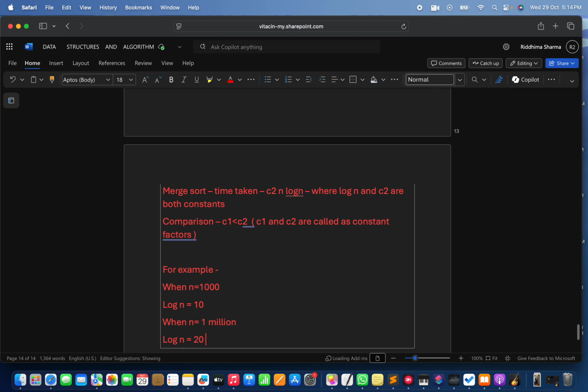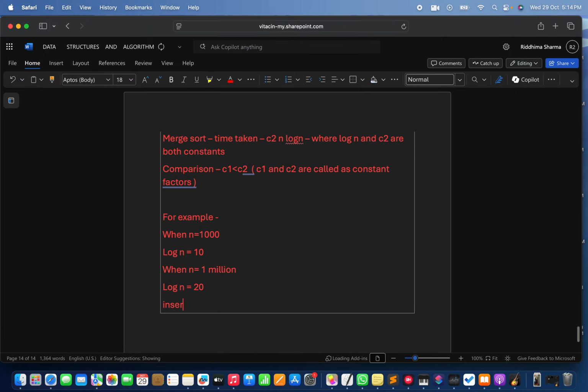Although insertion sort usually runs faster than merge sort for small input sizes, merge sort wins for large ones.